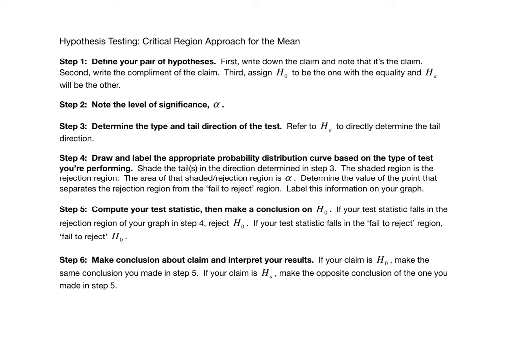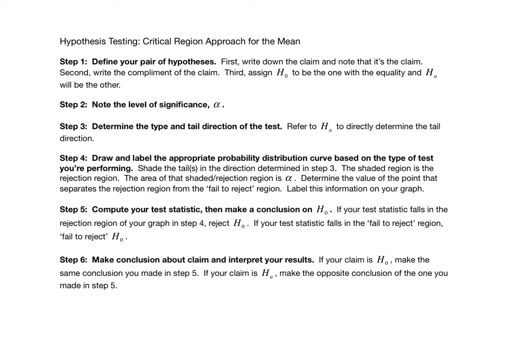So if you rejected the null hypothesis and your claim was also the null hypothesis, then that means you're going to reject the claim. But let's say you rejected the null hypothesis and the claim was the alternative hypothesis. If you're rejecting the null hypothesis, then it means you're failing to reject the alternative hypothesis because they're complements of one another. So we need to make a decision about the claim, and always, always, always, we've got to write an interpretation of what all this means for this specific problem.